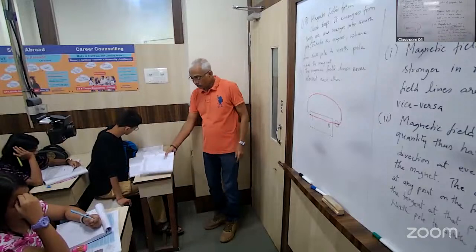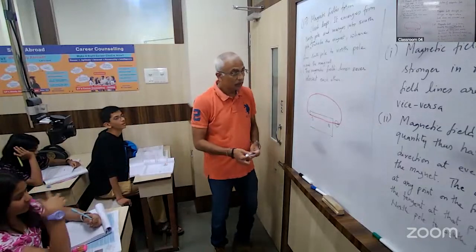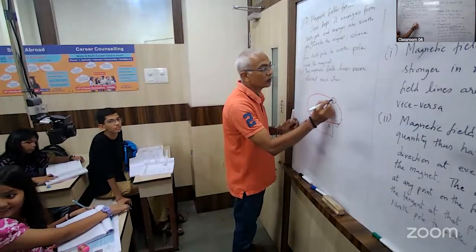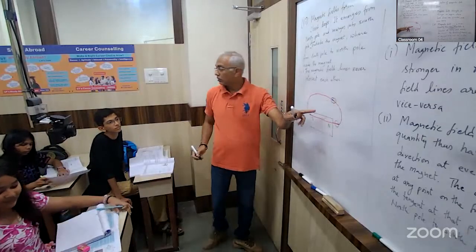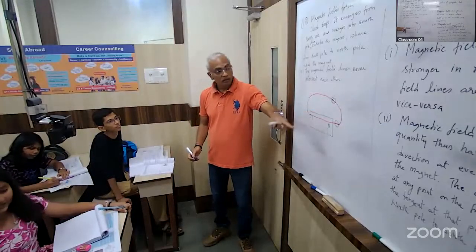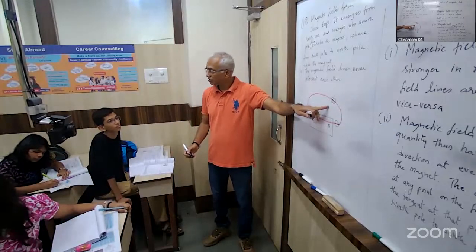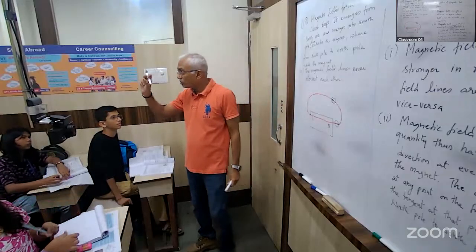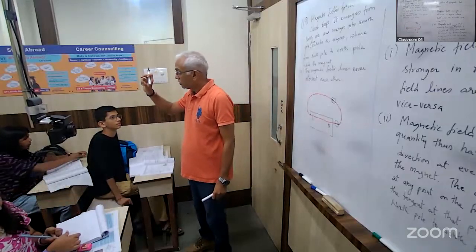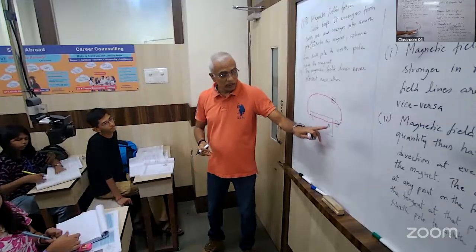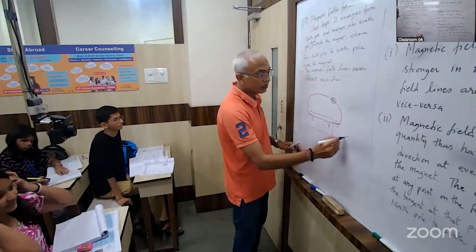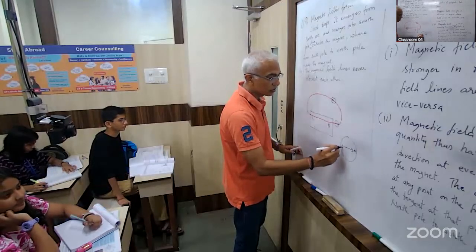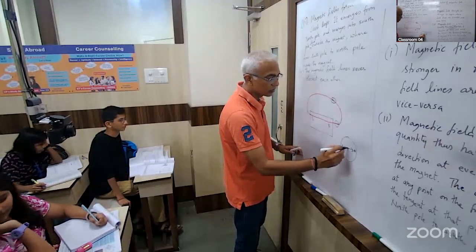So, if you keep a magnetic compass here, where will the direction be? If you keep the magnetic compass here, the tangent and the direction of the magnetic compass will be like this. Because the magnetic compass is also a small magnet. So here, like poles will repel. So what is there in a magnetic compass? This pole, this is north, this is south. The tail is south.